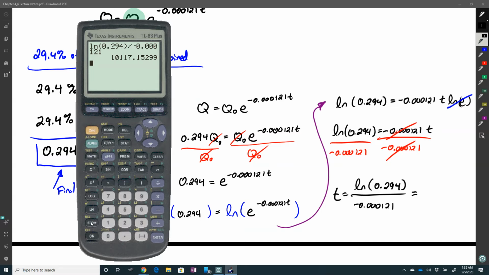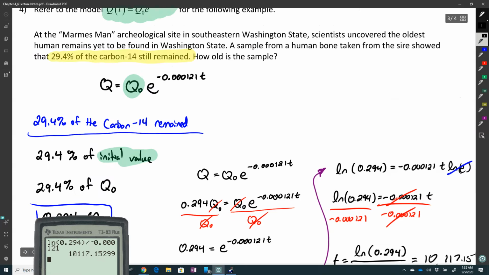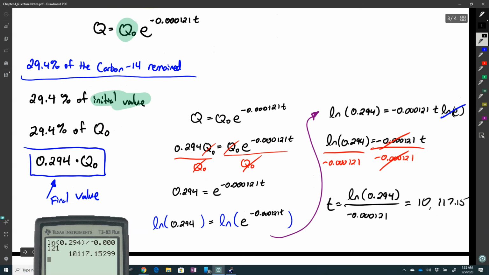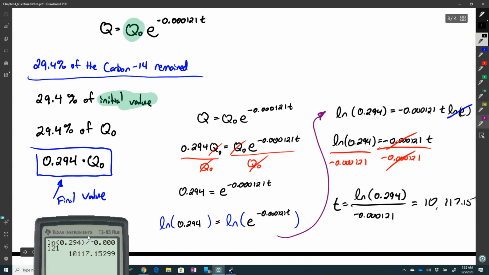And notice we get 10,117.15. Now here they don't really want us to be that accurate. How old is the sample? We'll just say the sample is 10,117 years old.